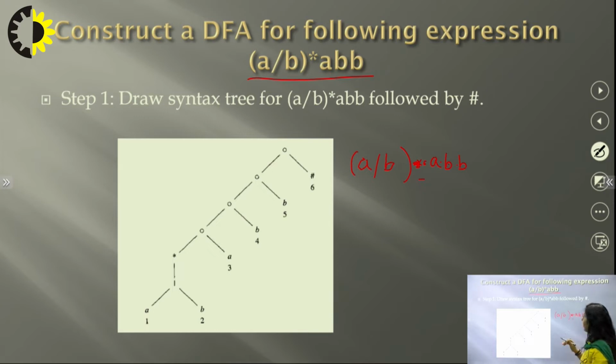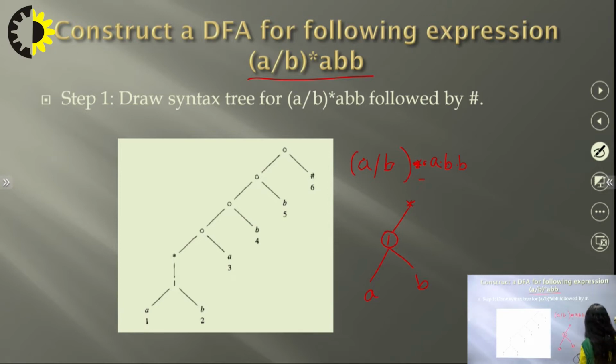So let's create the syntax tree. When we are creating the syntax tree, let's start from a|b. So a and b are the operands, and the slash is the operator. Okay, now star is applied to a|b.